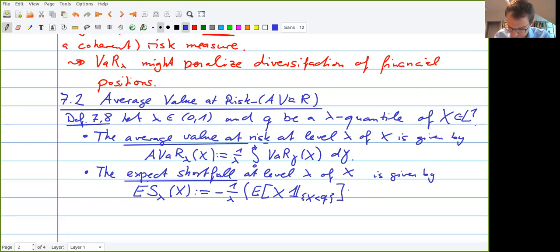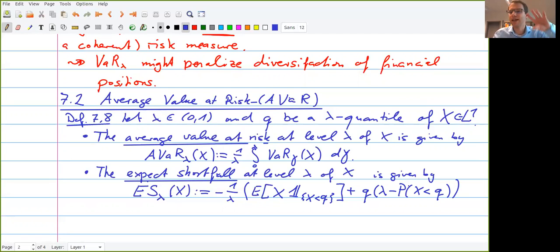And now we want to penalize this for the discontinuities, right? And we put here a term which disappears if we have a continuous distribution function.